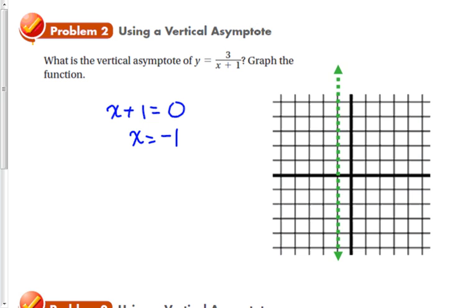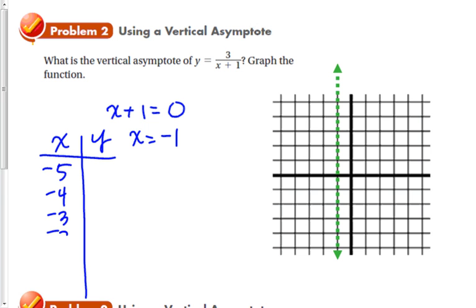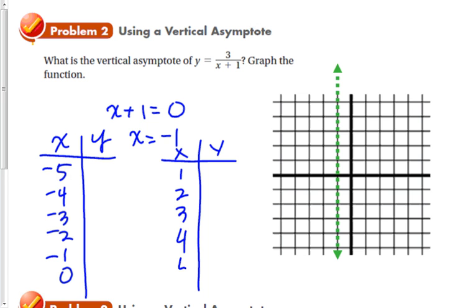And that helps us make a graph. Now we're going to graph the function. And we just need some values here to help us out graphing this. So I'm going to make a table of values, and I'll just use values like -5, -4, -3, -2, -1, 0, and then 1, 2, 3, 4, and 5.